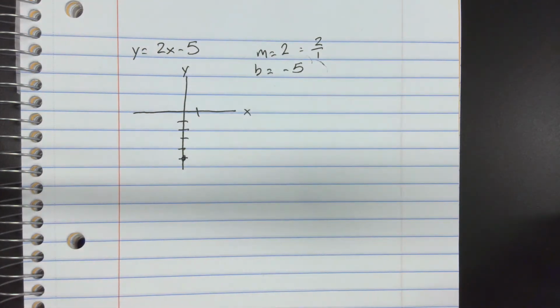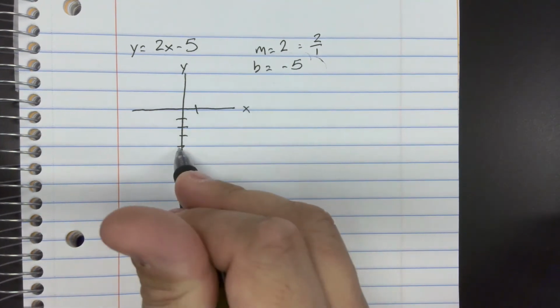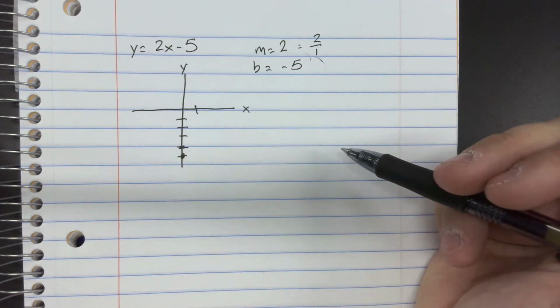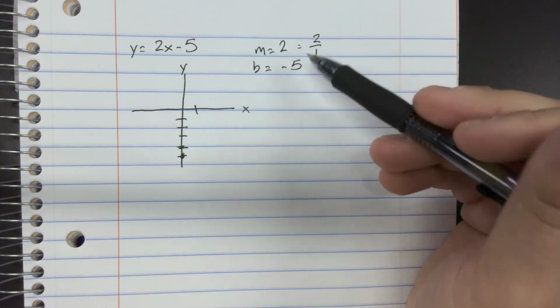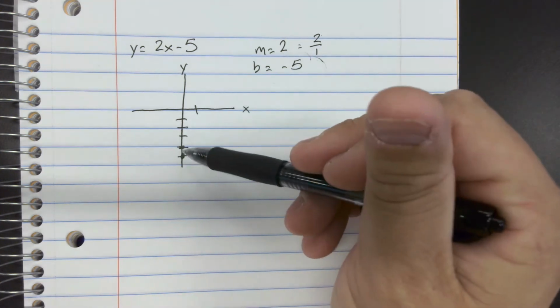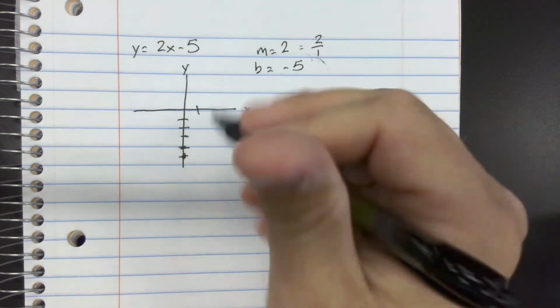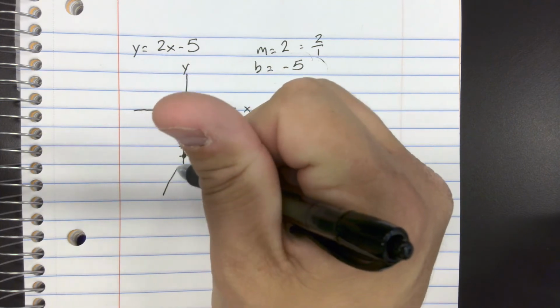After that, we're then going to plot our slope. Now remember, slope is written rise over run. If our slope is 2 over 1, so if it's positive 2, we're going to go up 2, and then you always run to the right. And there would be your line.